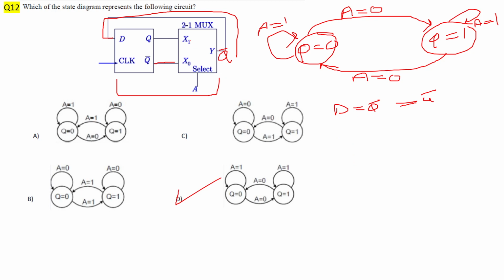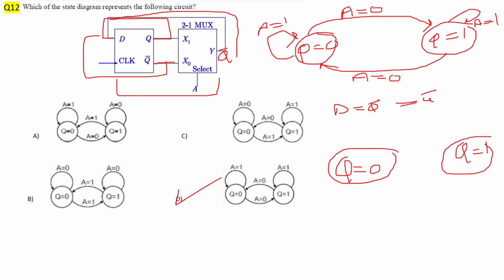And when A is equal to 1, D is equal to Q. When A is equal to 0, D is equal to Q complement. So that's what I have written here. When I am at Q equal to 0 and A is equal to 0, toggling happens, between Q equal to 0 and Q equal to 1. When A is equal to 0, D will be Q complement and Q plus will be Q complement.